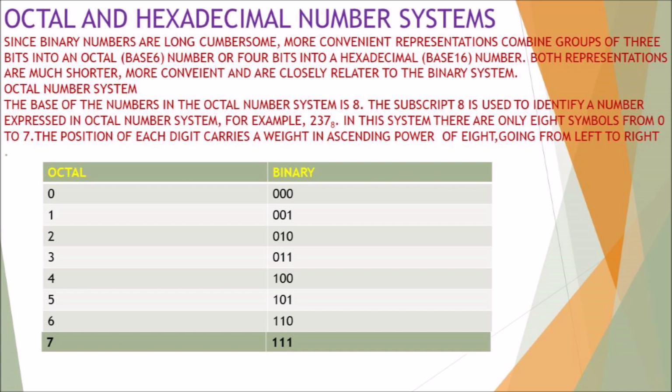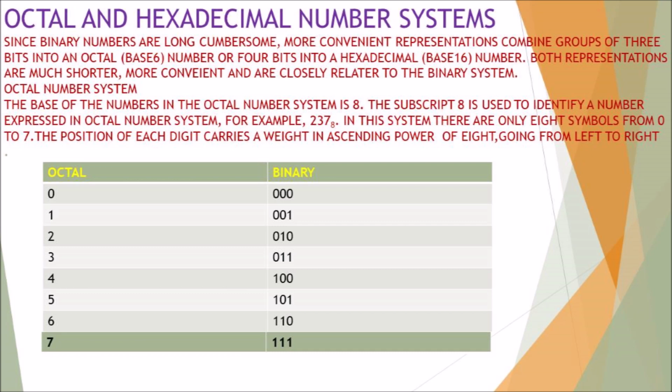Next we are going to see the octal number system. The octal number system has the base value 8. For converting the given binary number into an octal number, we have to group the given binary number into 3 digits from the rightmost bit. From right to left you have to group.